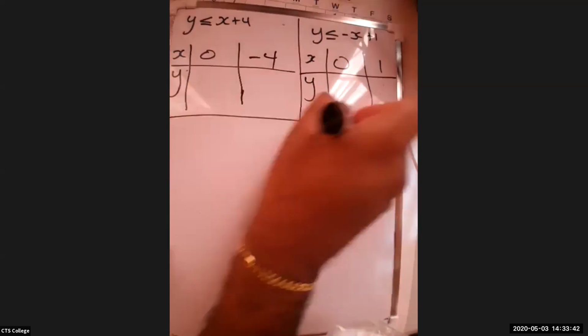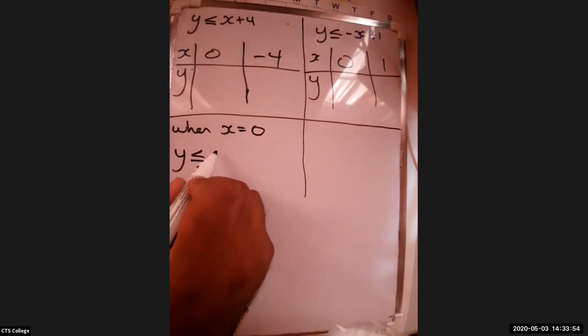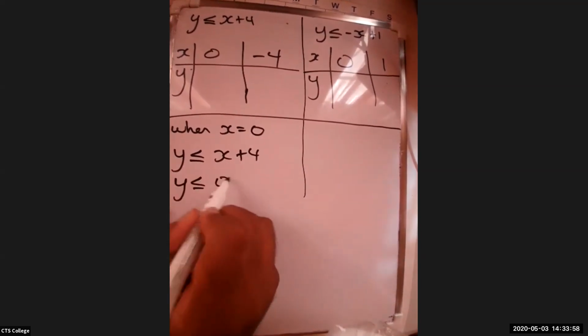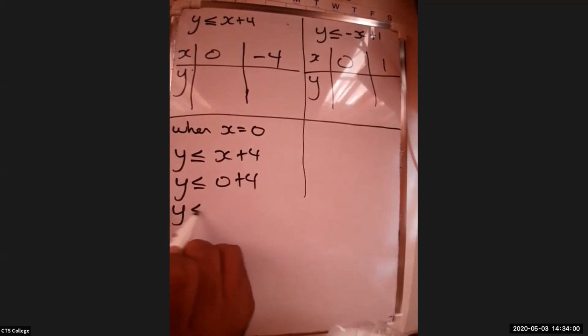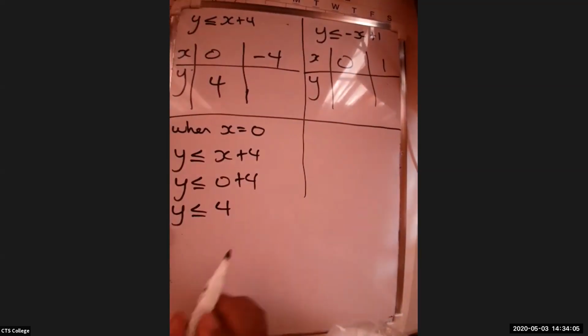So now we will do our working for it. When x is equal to 0, we have to find the respective y value. So y is less than or equal to x plus 4. y is less than or equal to 0 plus 4. y is less than or equal to 4. So 4 is the first value here. Let's continue.